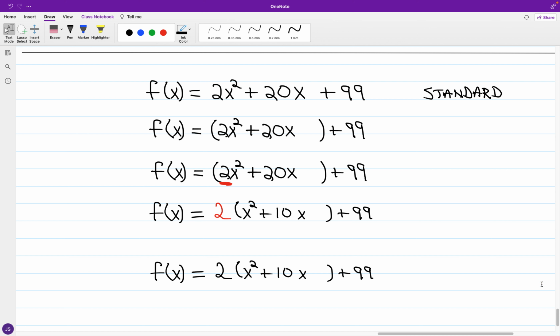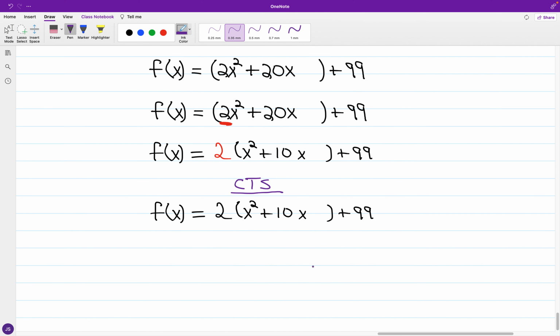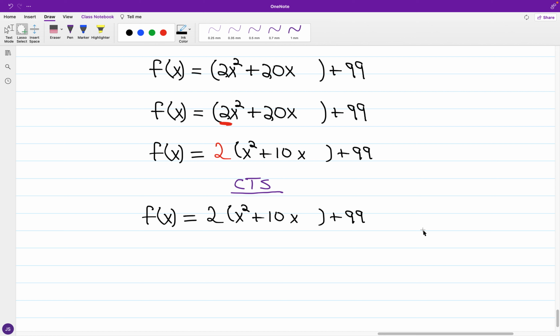Okay, now for the crossover to the completion of the square. After factoring out 2 from 2x squared plus 20x, your a coefficient is going to be 2. Now for the completion of the square, the variable terms inside the parentheses upon factoring are x squared plus 10x.